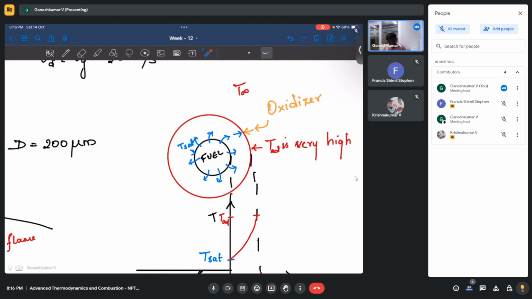So let's say we know the mass fractions and mole fractions of the fuel and products present in this region, and if we are able to get a very good estimate of K effective or K mixture in this region, then we will be able to get a very good estimate of how much this flame is present, and what is the ratio of the distance of the flame to the droplet radius.